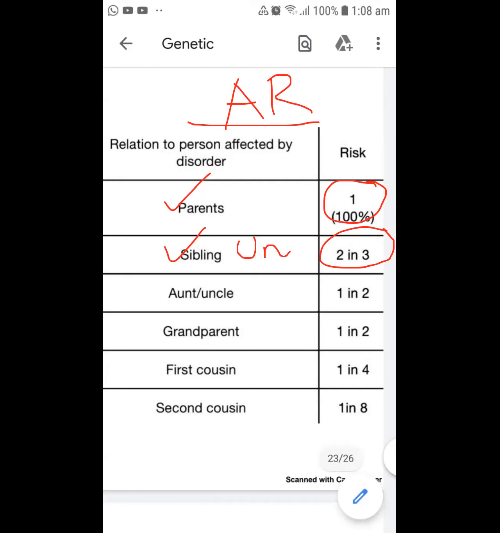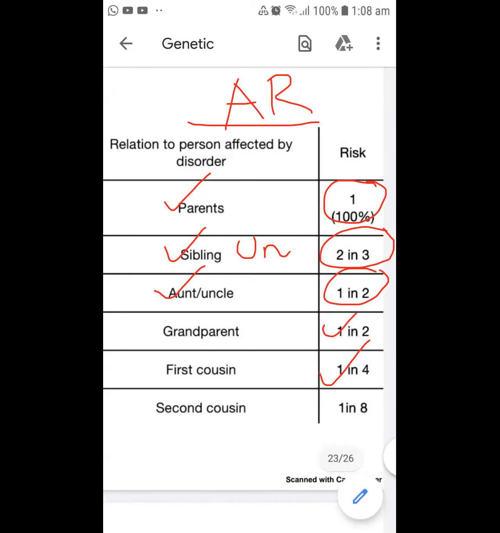For any person who is affected, the chance of his or her aunt or uncle being a carrier is 1/2. That means this aunt or uncle has an affected niece or nephew. Similarly, the chance of grandparents being a carrier is 1/2. The chance of a first cousin is 1/4.